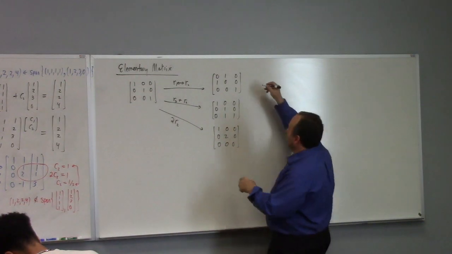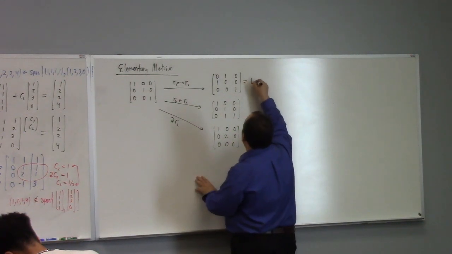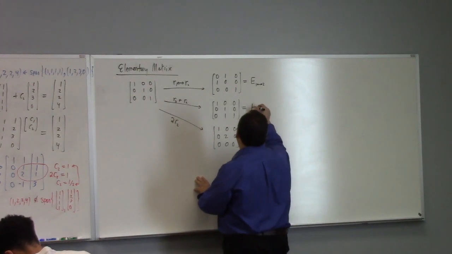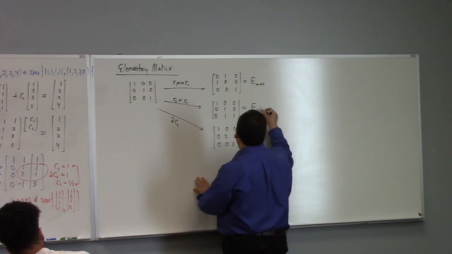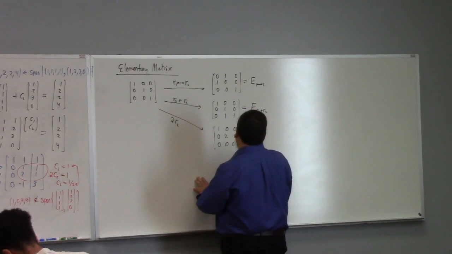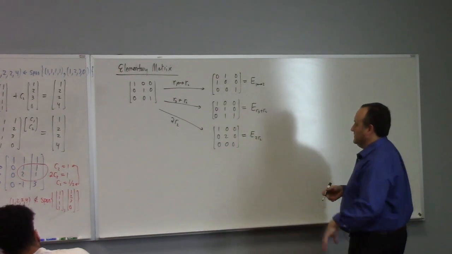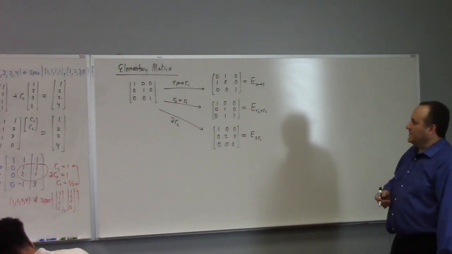Let's call this E 1, 2 flipperoo, and I'll call this E row 3 plus row 2, and this will be E 2 row 2. These are stupid names, but they're the names I've given them.